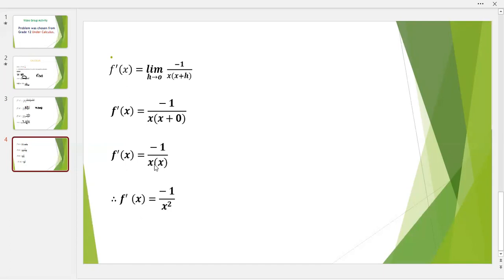So that means this x which is outside the bracket will multiply the one which is inside the bracket. So this is how we found that f prime of x is equal to negative 1 over x squared. This is our final answer from the chosen problem.